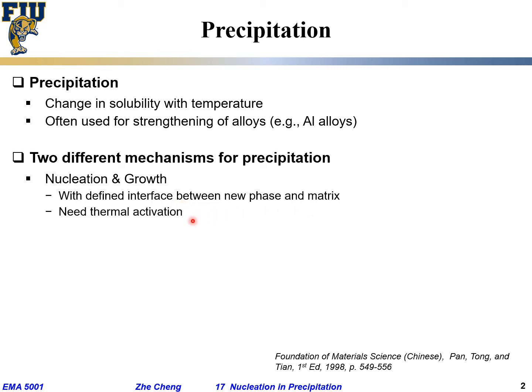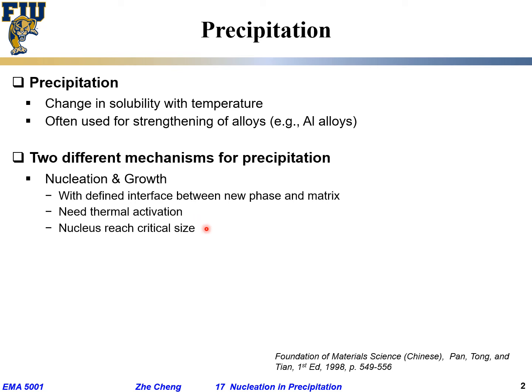This added interface and associated interfacial energy is a barrier, and to overcome the barrier, you need thermal activation. You need to wait for occasionally the kinetic energy to be high enough to overcome the barrier.